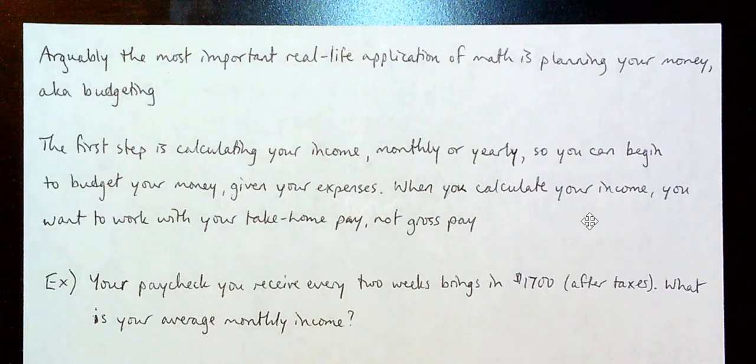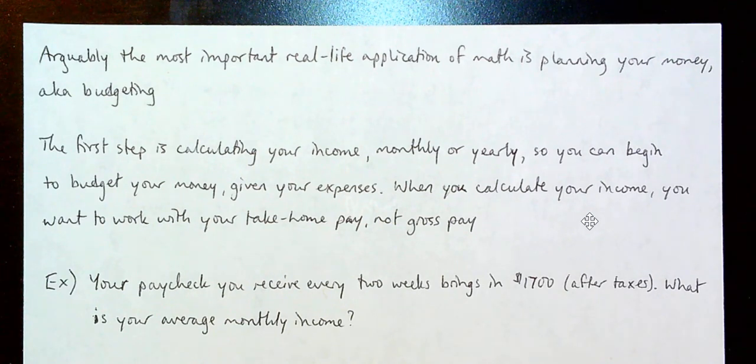When you calculate your income, you obviously want to work with your take-home pay, not your gross pay. You don't want to use gross pay because gross pay does not include the taxes being taken out. You want to use that take-home pay.